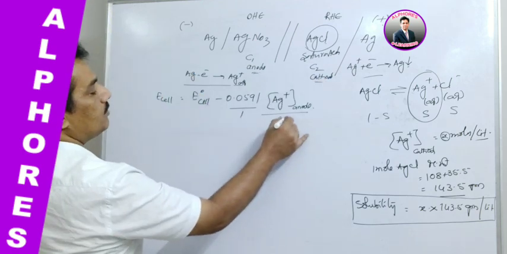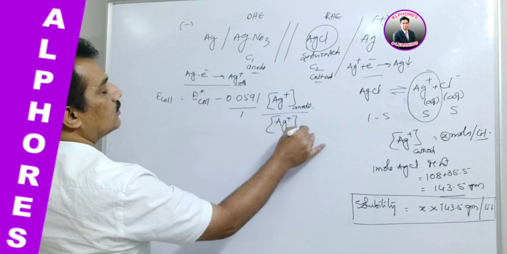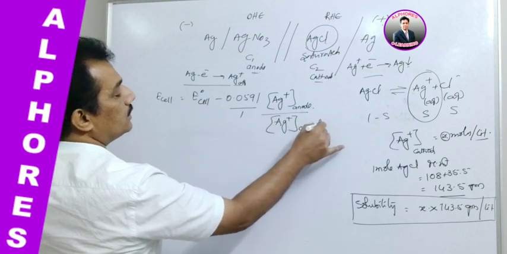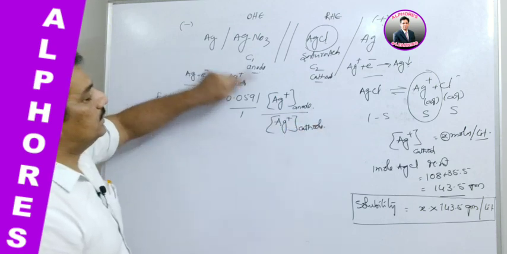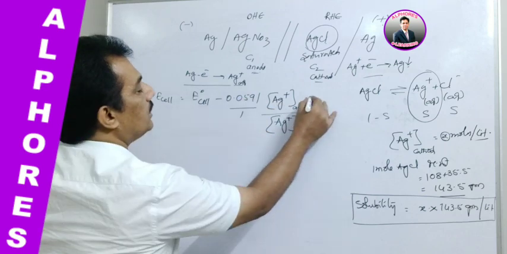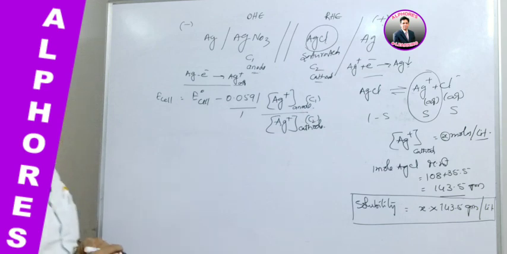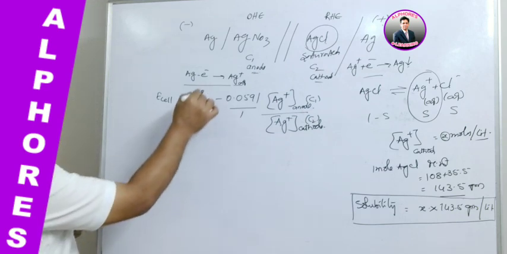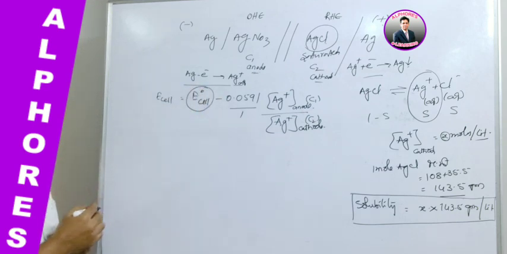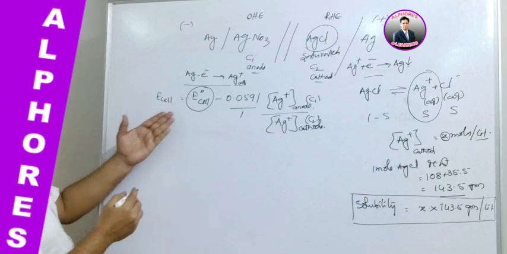It is Ag+ at the cathode. Simply we can say that it is nothing but C1 and C2. Clear?